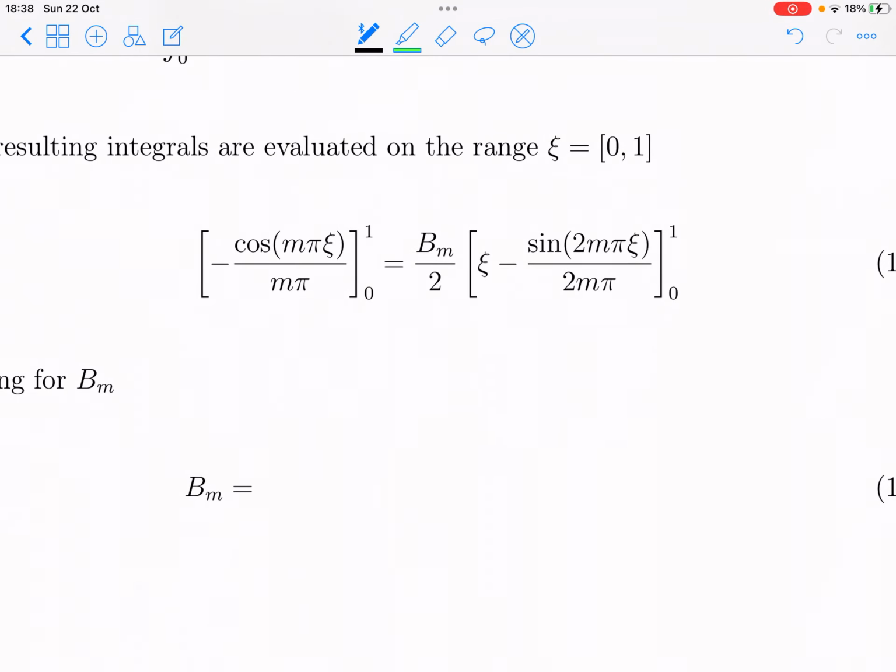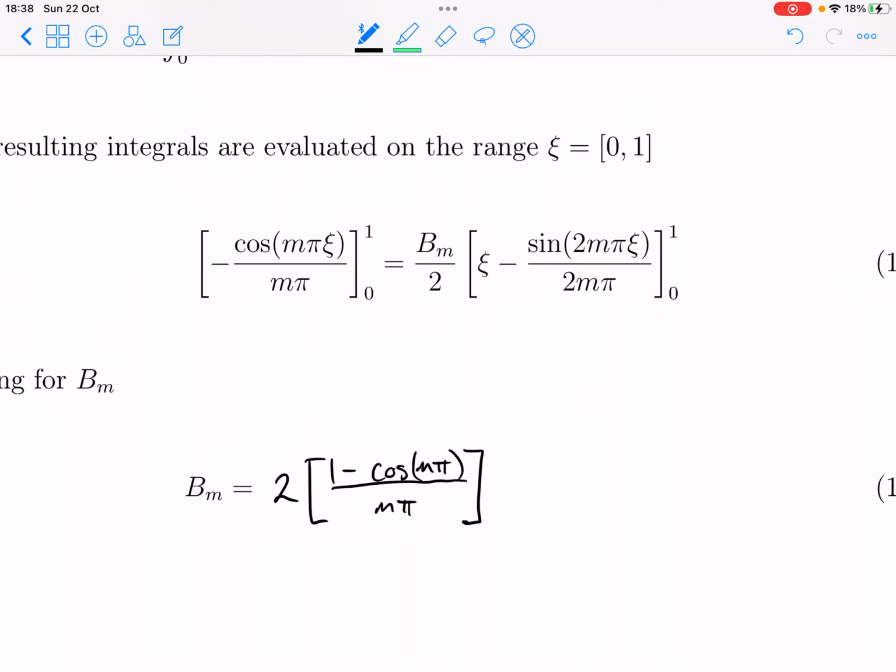Bm is therefore going to equal 2 times our cosine term, and that was the whole palaver. That was all we were trying to get at, was what is the value of the constant of integration.